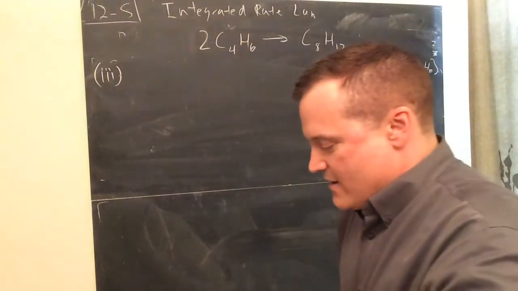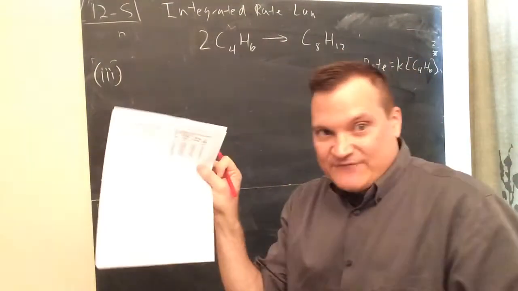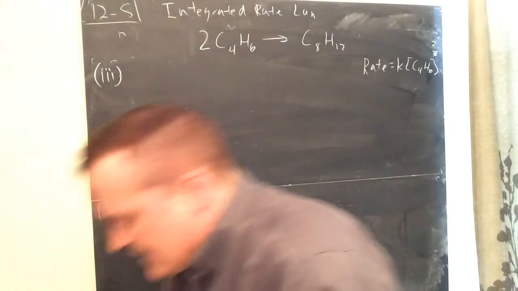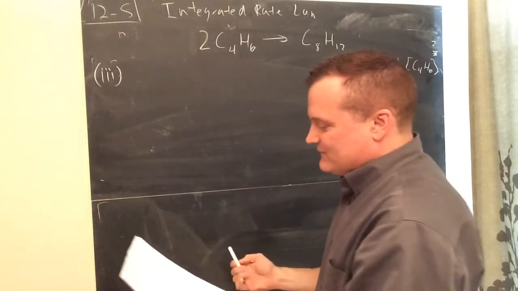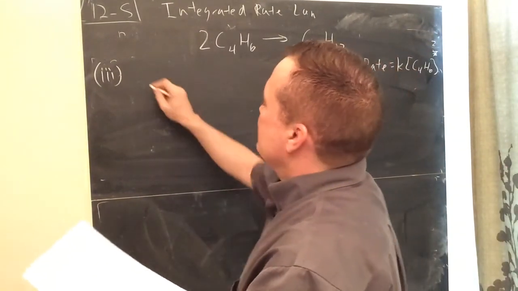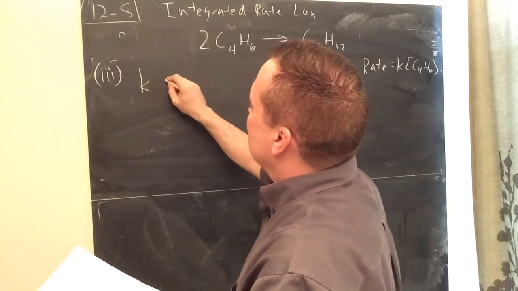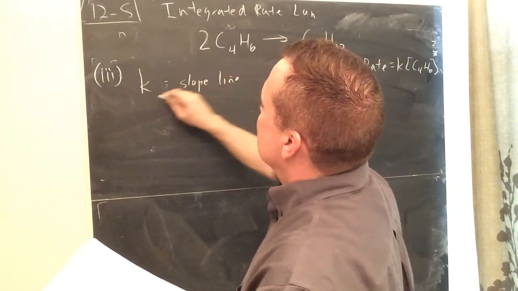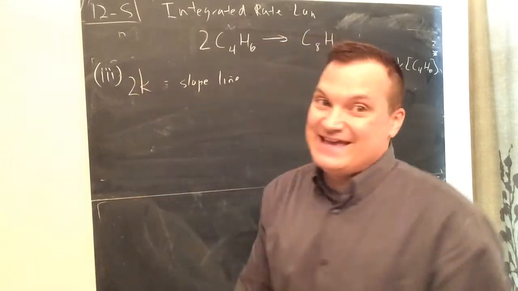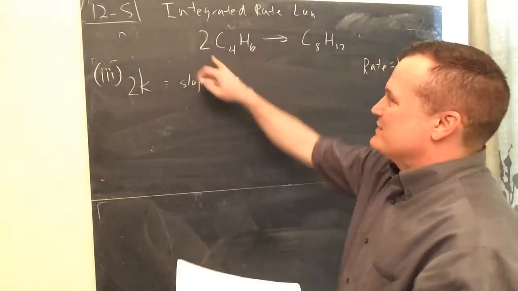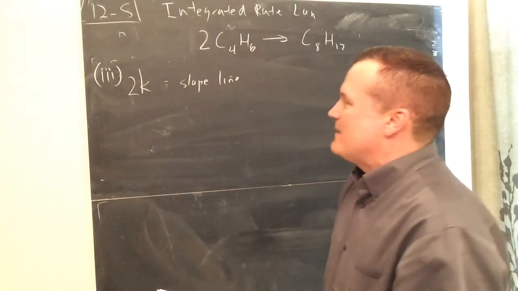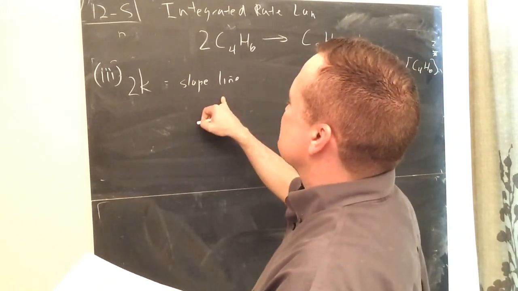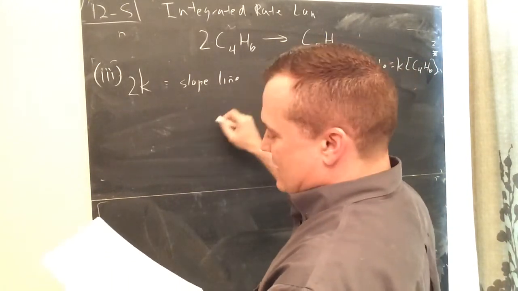Okay. Now, because they did the math for you. So, K will equal the slope of the line. Actually, 2 times K equals the slope of the line. Don't forget, because of that little 2 in this particular problem, 2 times K equals the slope of the line we showed you.